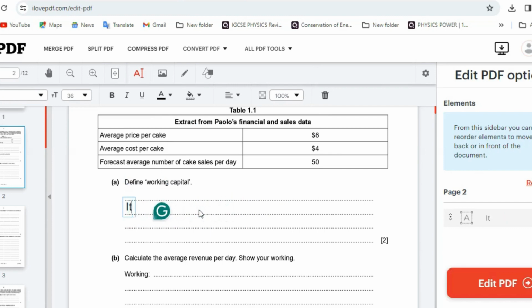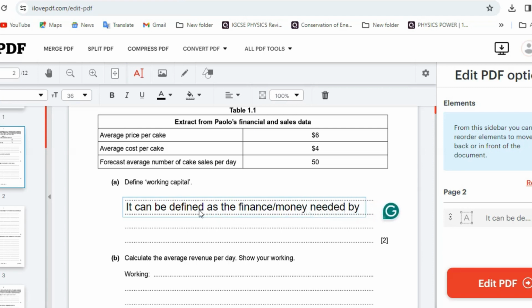It can be defined as the finance or money needed by a business to pay its day-to-day expenses or costs.